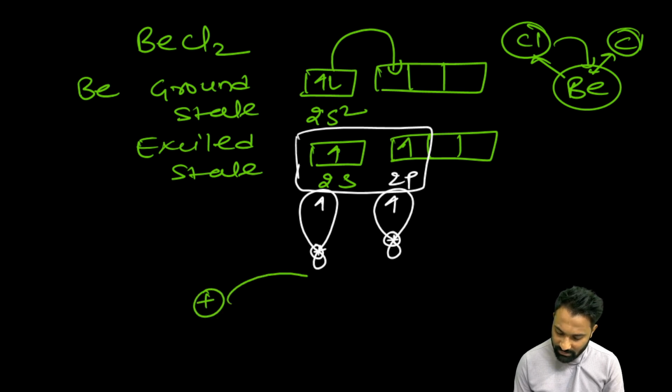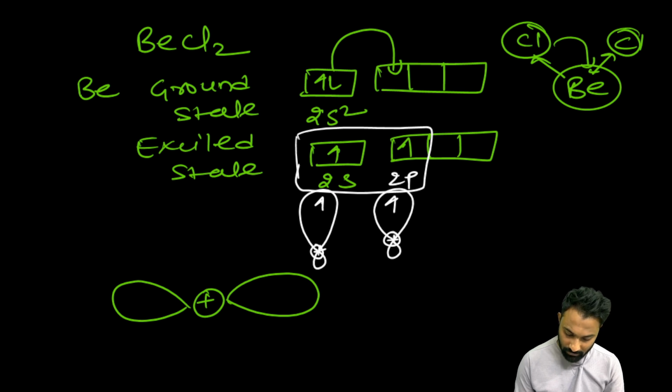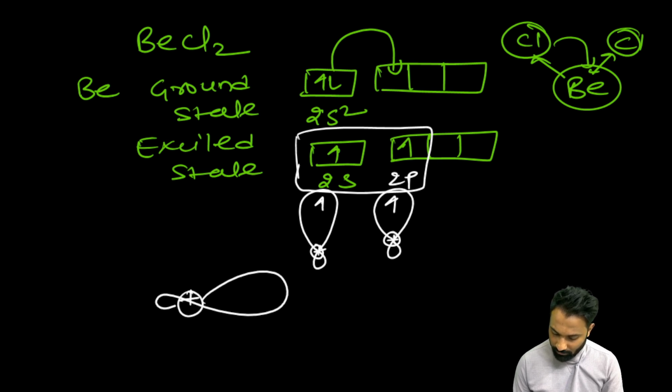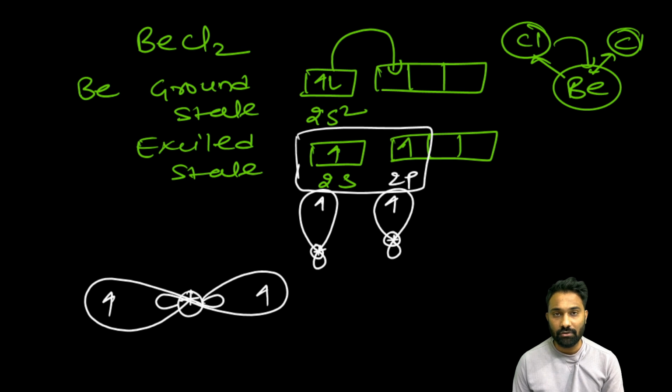Now you see these hybridized orbitals. Each hybridized orbital has 1 electron.